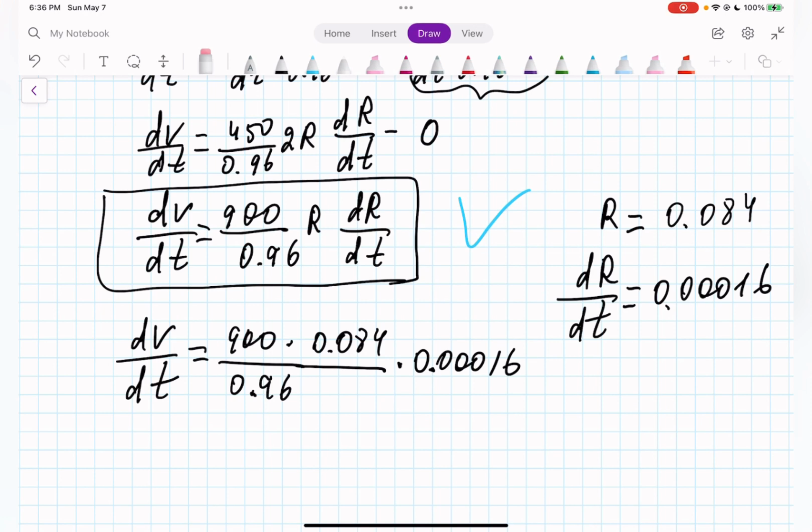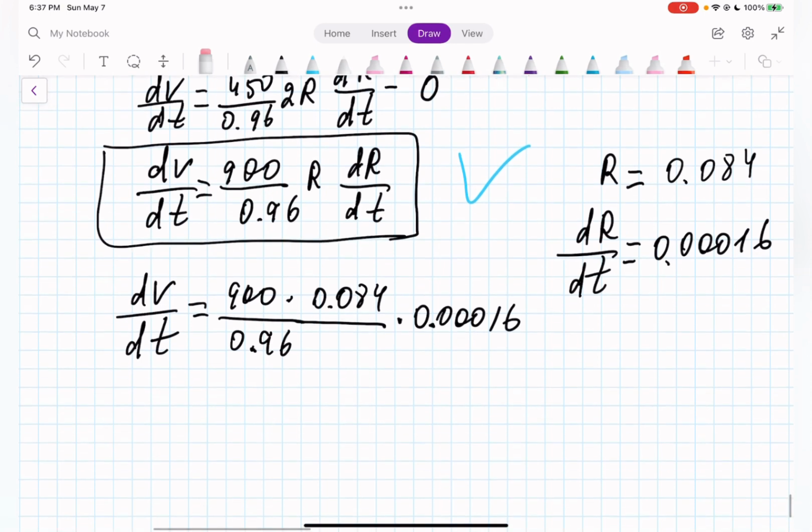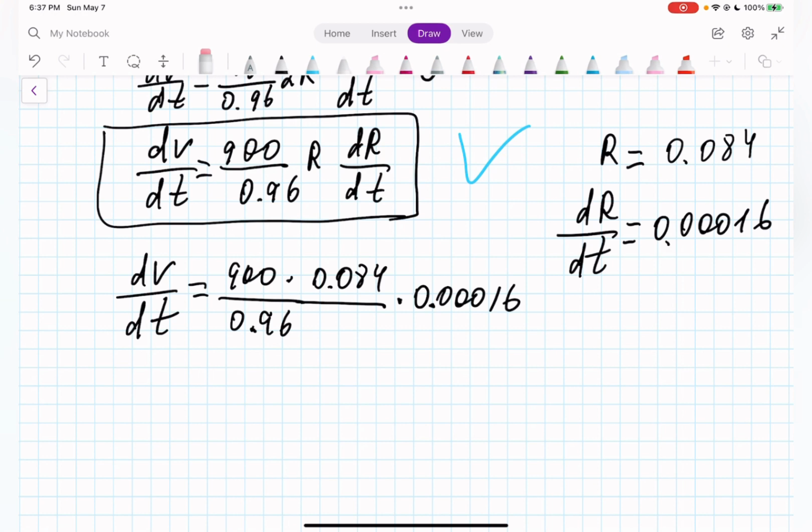Here I have to use calculator because it will be impossible. So 900 times 0.084 is gonna be 75.6, and we need to divide by 0.96 and times 0.00016.